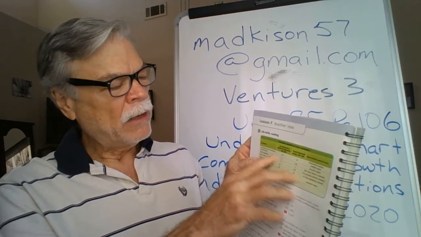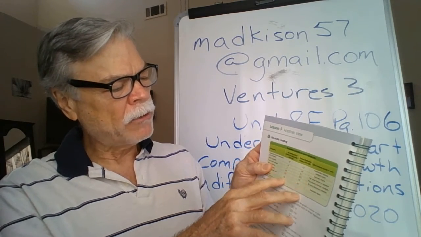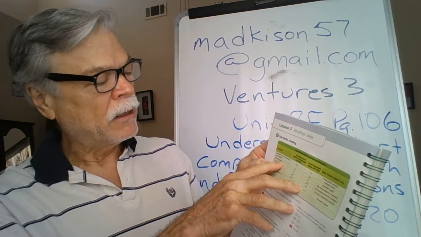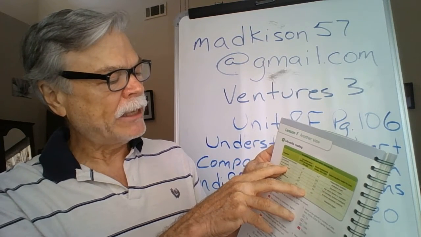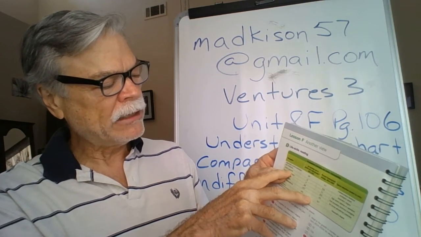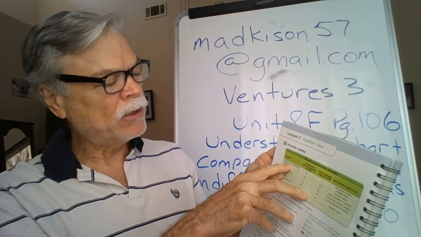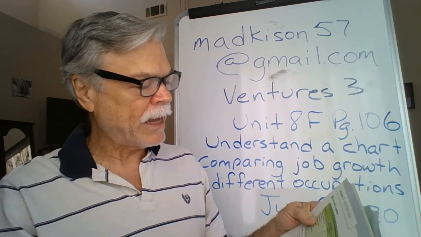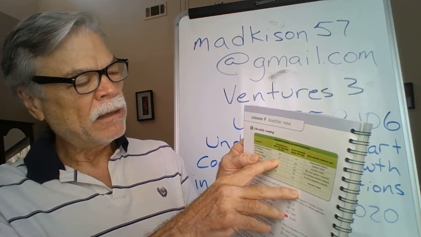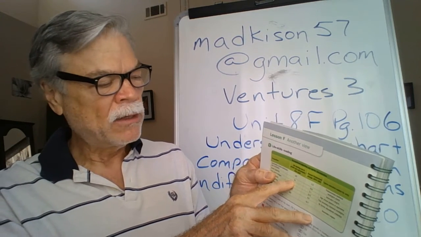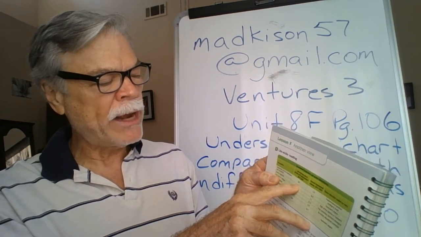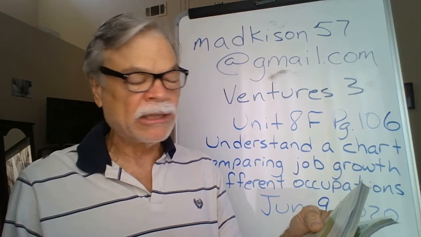So if you compare that with another category, like dental hygienists, which is right below automotive service technicians and mechanics, you can see that that number is 70,000. So there were a lot more jobs created in the automotive service technicians category.